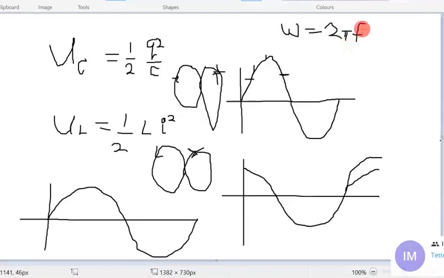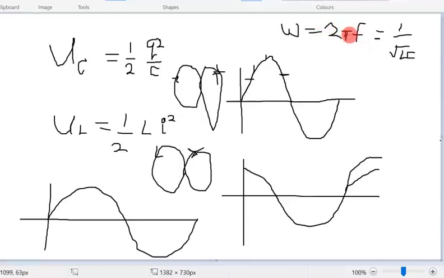This one is in hertz, this one is in radians per second. So if the angular frequency is equal to 1 over the square root of inductance and capacitance, then we can also find f.